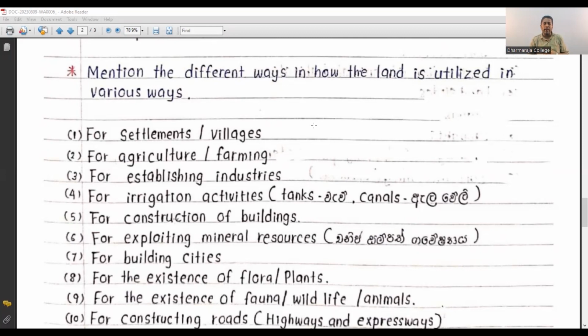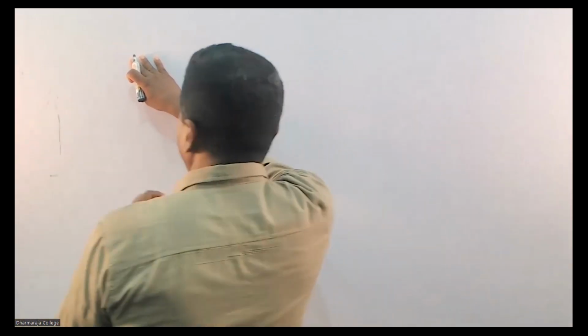Mention the different ways in which the land is utilized by humans for different purposes. That is the main thing that you are going to talk about. Look at the question.